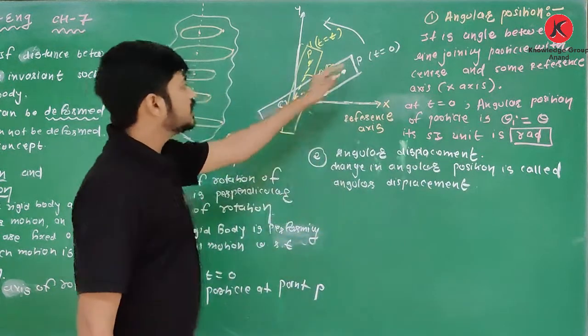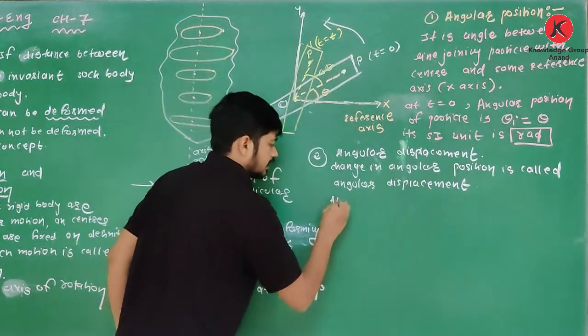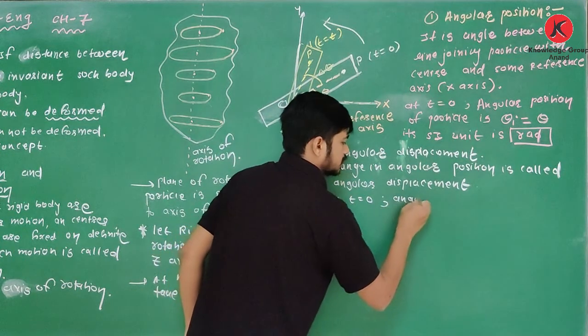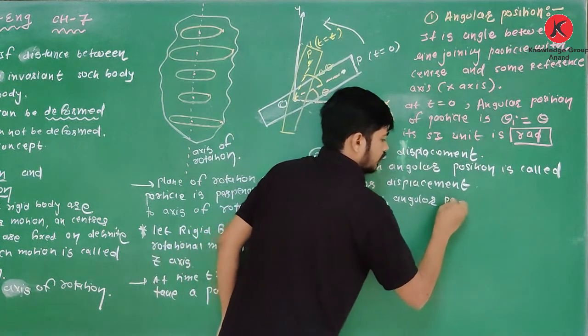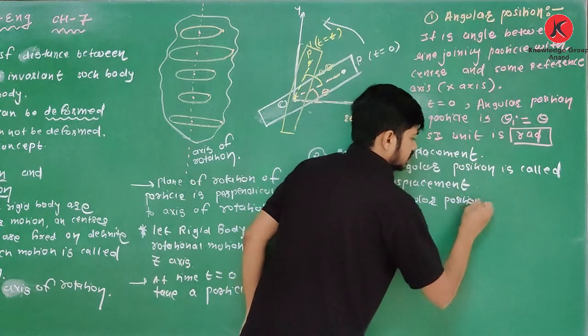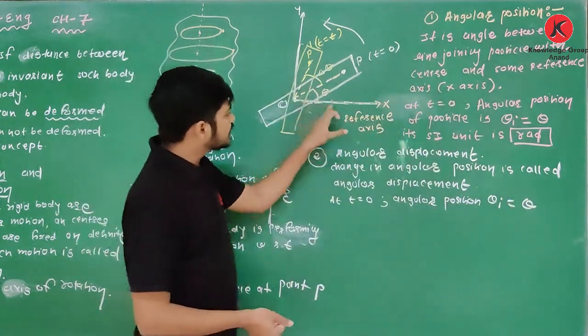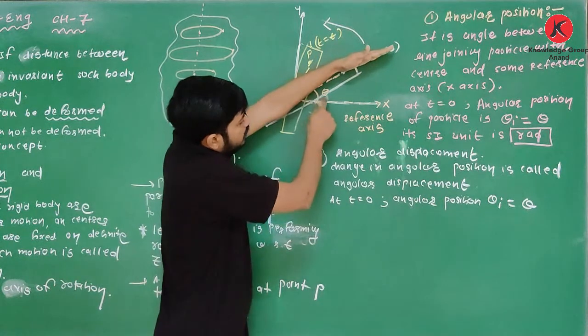Okay, see in this figure, at time t is equal to 0, the angular position, that is theta I is equal to theta. Simple. With this x-axis, this P makes angle theta.